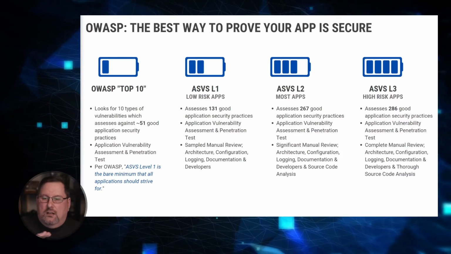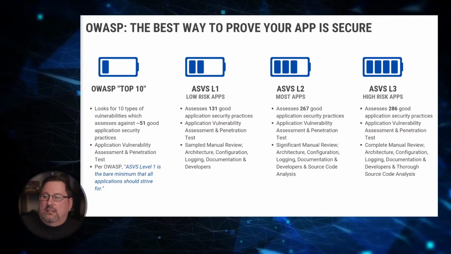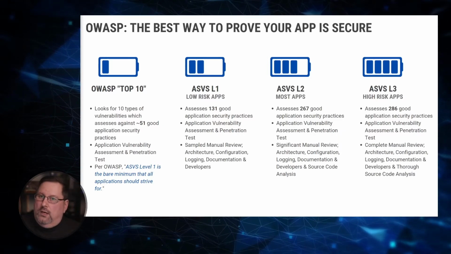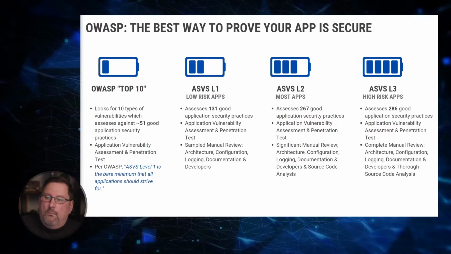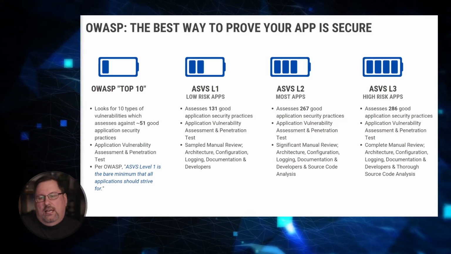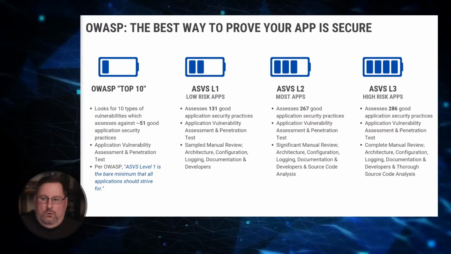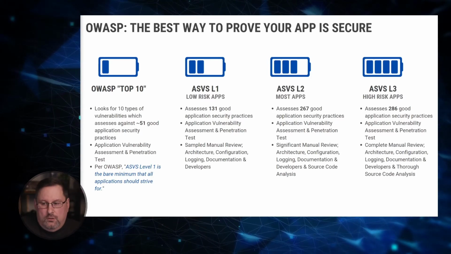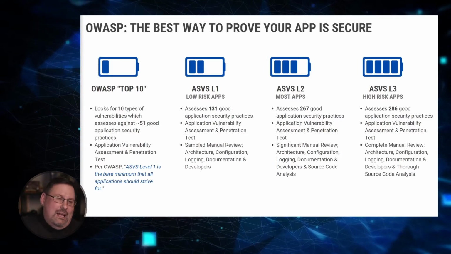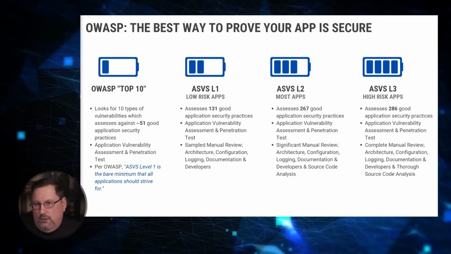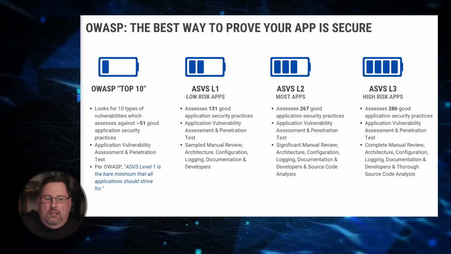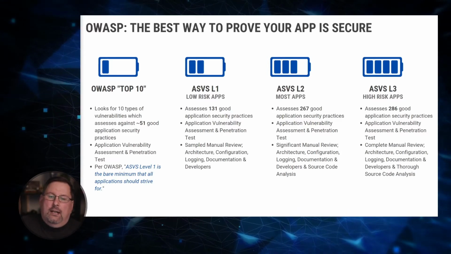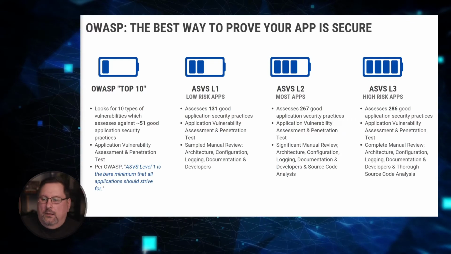But as soon as that's accomplished, we need to be realistic. We need to figure out that there's more to it than just the bare minimums. And most apps should really be focusing on getting to ASVS L2, which has 267 security controls. There are vulnerability assessments and pen testing, but now it's done in a hybrid mode because you can't automate a lot of the testing and validation that you might be able to do at an L1 or with the OWASP Top 10.